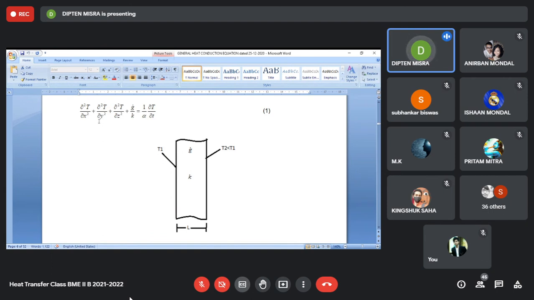If it specifies d2T dx square plus g dot by k equal to 0, what does it imply? It represents a conduction problem physically. It represents a problem that is happening, and the corresponding mathematical representation of that problem is d2T dx square plus g dot by k equal to 0.